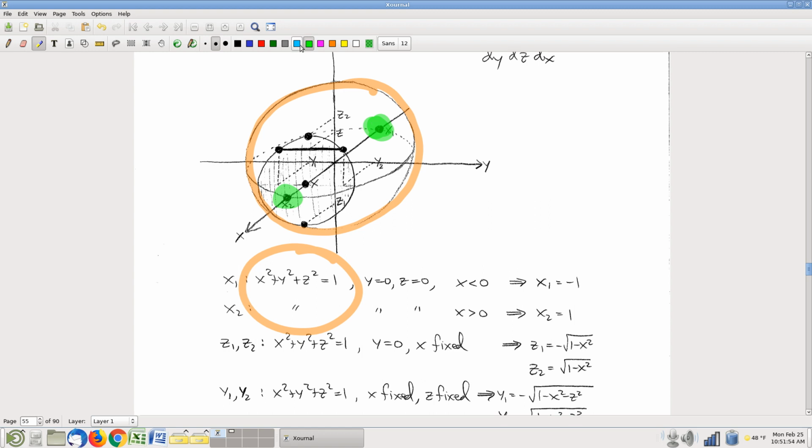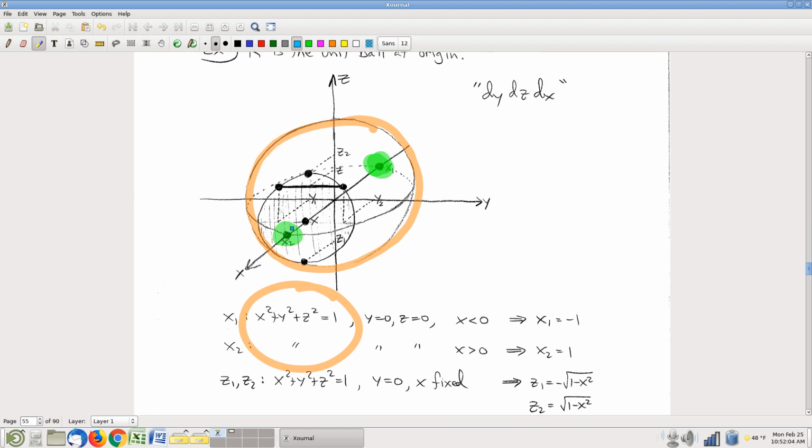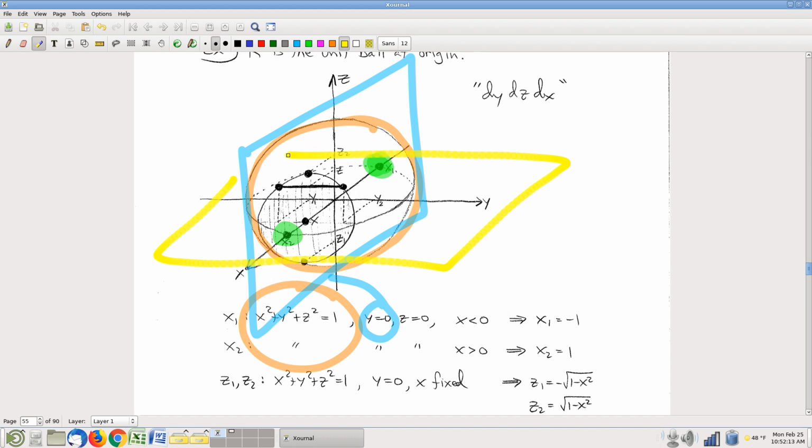So it's on this axis. More to the point, it's in that plane, y equals 0, and it's also in this plane, z equals 0. You have to get that from the picture.